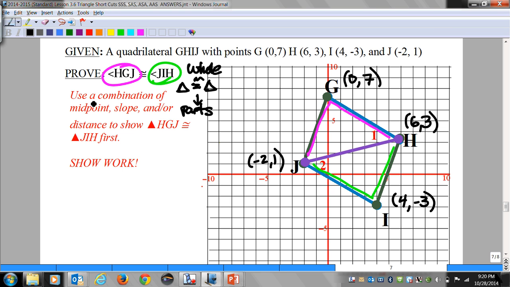So it says right here, we're going to use a combination of midpoint, slope, and/or distance to show that the triangles are congruent. Remember, there's 4 ways to do this: side-side-side, side-angle-side, angle-side-angle, or angle-angle-side.